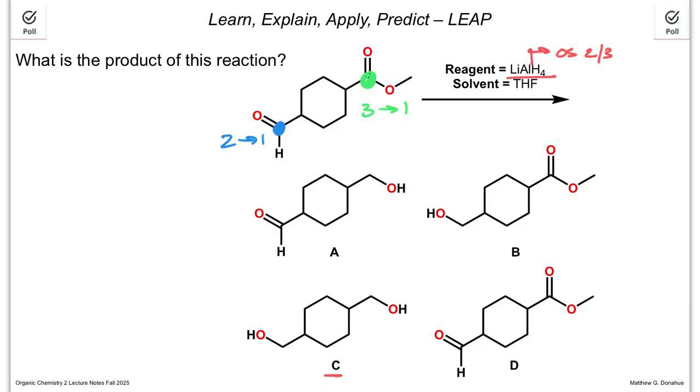That just means to access product A, we have to insert some steps overall, but we can still make it. We're not just limited by the reducing agents we have. There's a strategy that we can put in there, still allow us to retain that aldehyde functionality.